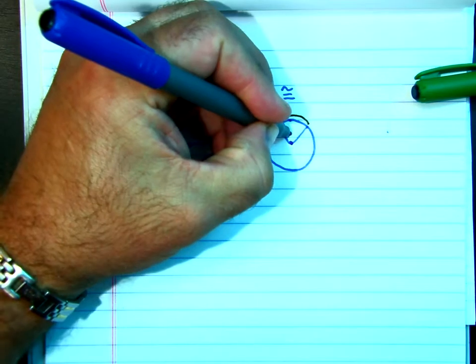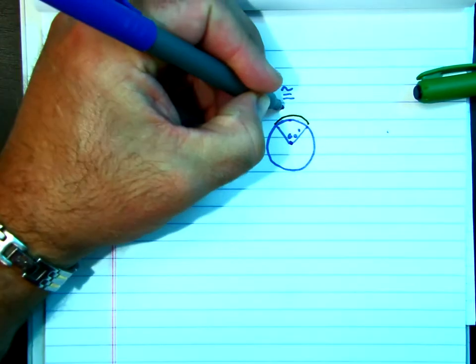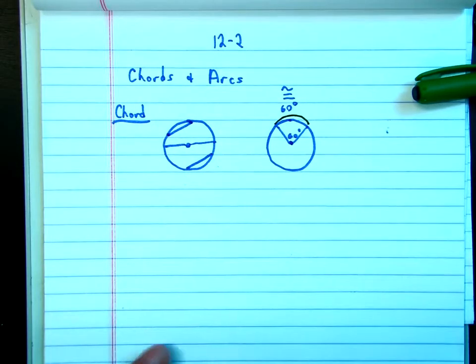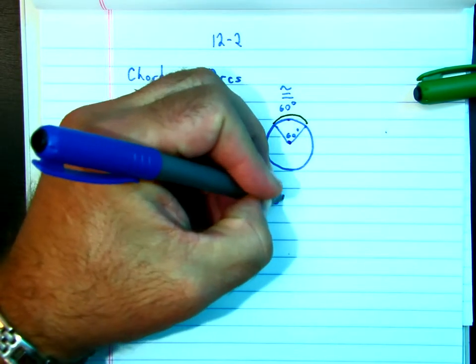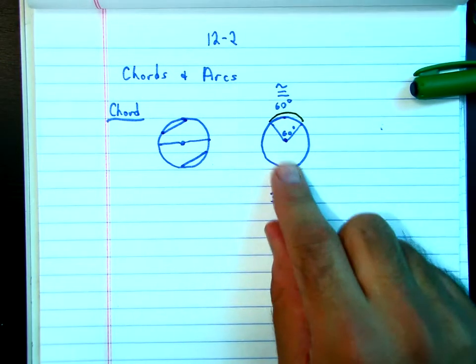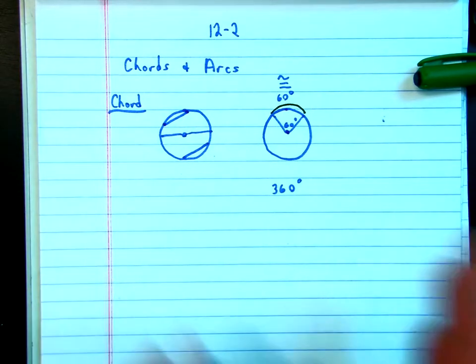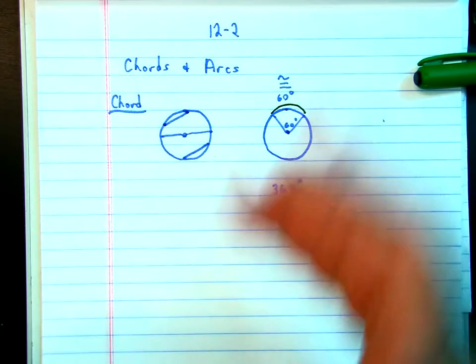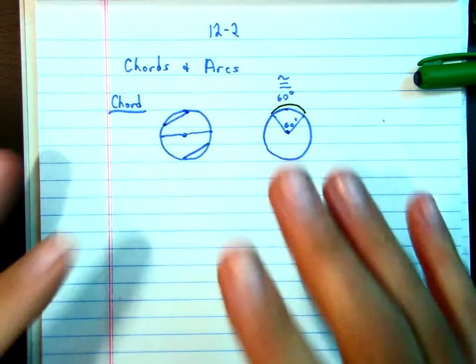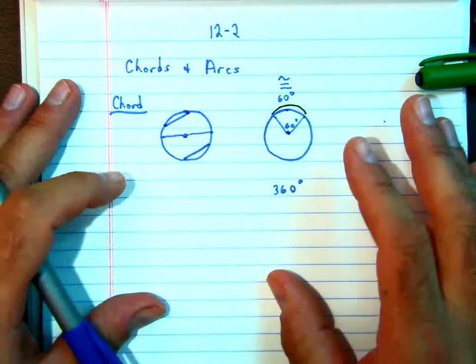So if this angle is 60 degrees, that means this arc is 60 degrees. What do I know about all the arcs in the circle? They will always add up to 360, correct, our magic number. So understanding the pieces of the whole, being able to find the pieces, their relationship between each other, understanding that arcs and angles are the same measurement. Okay, so that's just some basic anatomy type questions.